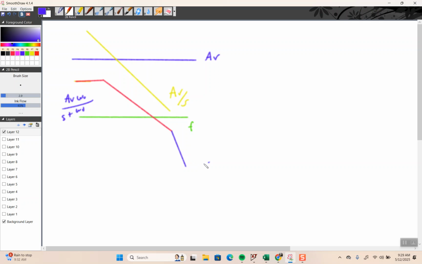This would just be AV omega naught. All right. So our transfer function, right, has to be below this line. Right?